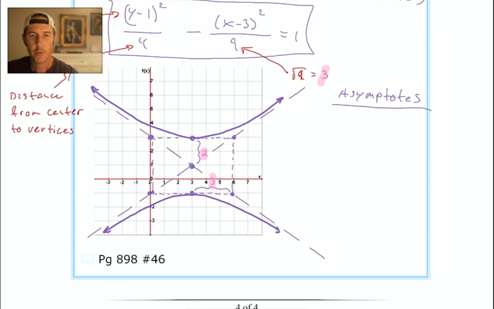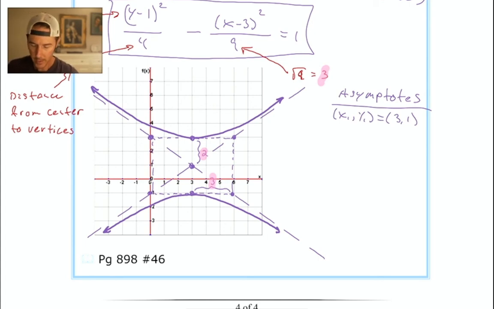So in order to write the equation for a line, you need the coordinates of a point on the line, and you need to know the slope of the line. Well, we know the coordinates of a point on both of the asymptotes. They share a point, and it's the center of our hyperbola, which is (3, 1). So we're going to be using x1, y1 equal to (3, 1).